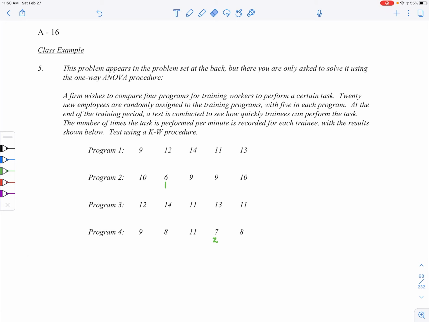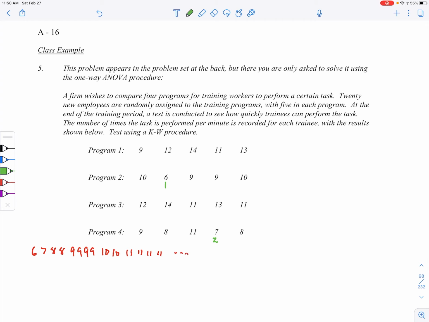Let me just change the color here for a sec. So we've got a 6, 7, 8, 8, and we're going to find that there's 4 9s, there's 2 10s, and then there's 4 11s, and so on like that, okay?